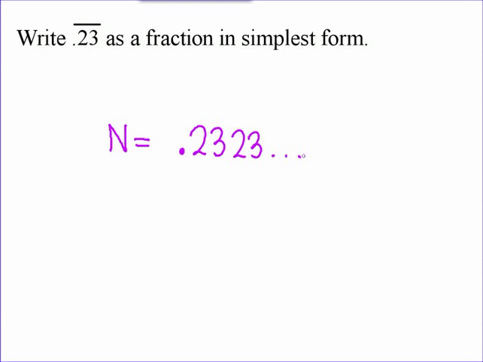How many digits repeat? 2. So how many zeros am I going to use here? 2. So instead of 10 like the problem before, it's now 100. So I've got 100n. I'm going to take 100 times this, which means moving the decimal how many places? 2. So instead of 0.2323, what's it going to be?